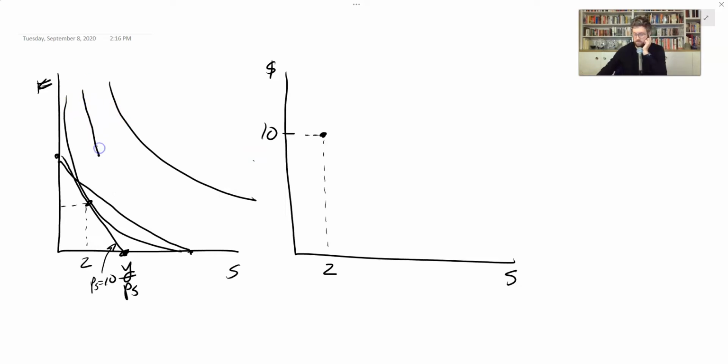It's going to look something like this. And we're going to have some new quantity. It looks like it's more than twice 2. Let's say it is 5 here. And the price is 5. And this gives us the demand at this price, okay?